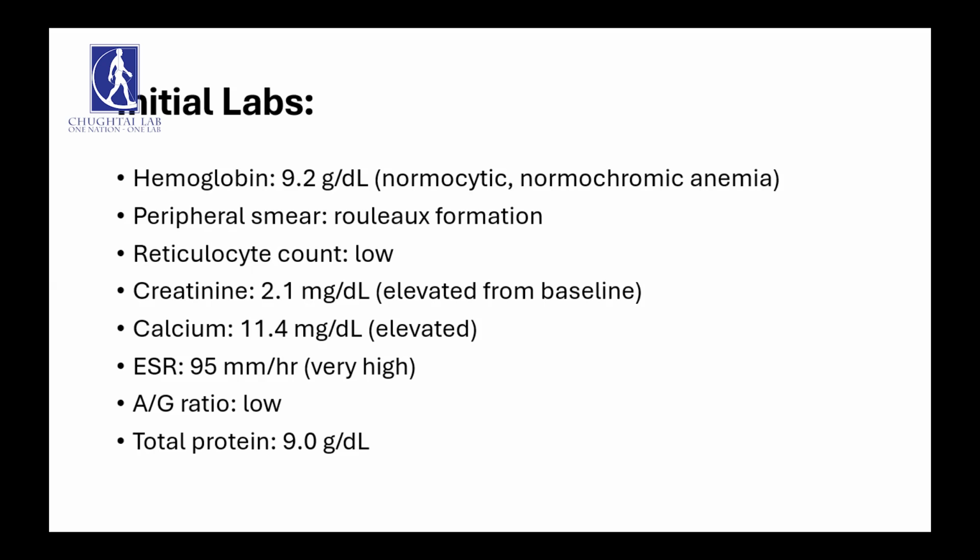Albumin globulin ratio was low, and total protein level was increased. So we find that there is anemia, there is renal involvement, as well as abnormal protein counts. And there is also the typical history of an old patient with backache, weakness, and fatigue. So at this point, one should suspect that it could be a case of multiple myeloma.